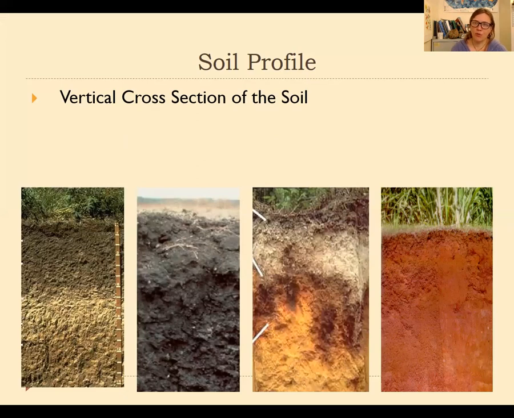That is what a soil profile is, just like looking at somebody's profile, looking at them from the side. It's not, of course, always a view that you get, and not the view that you get when you look at the soil from the surface.